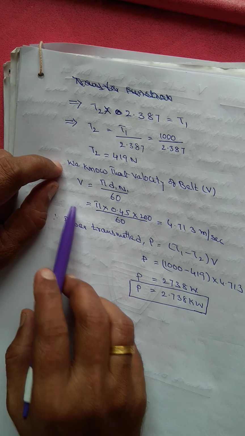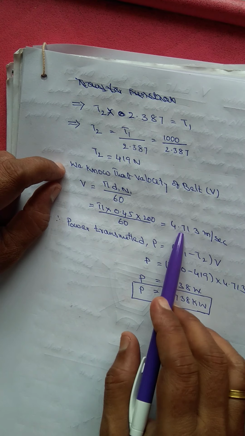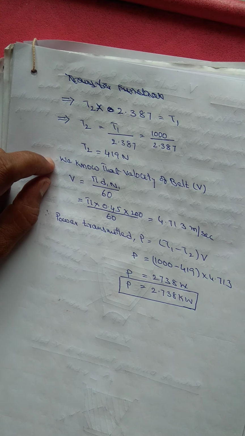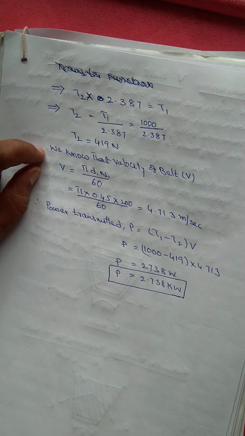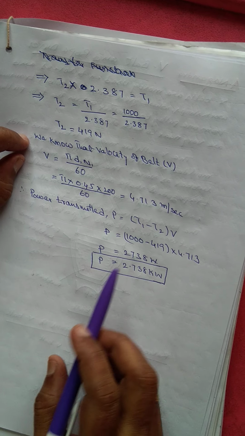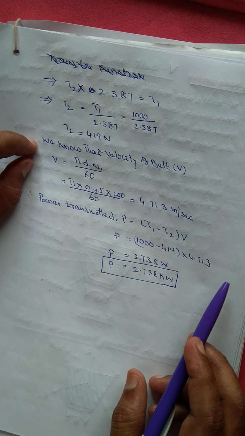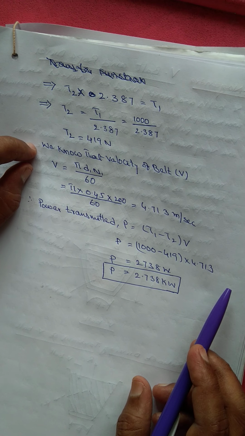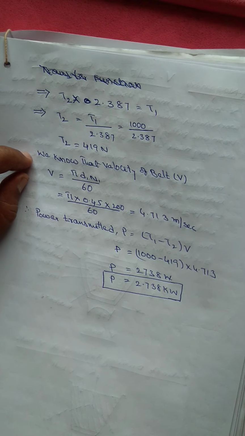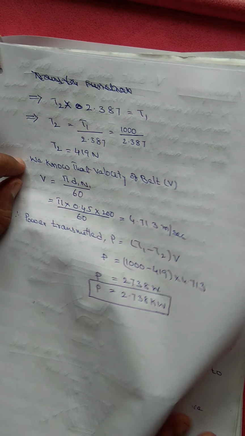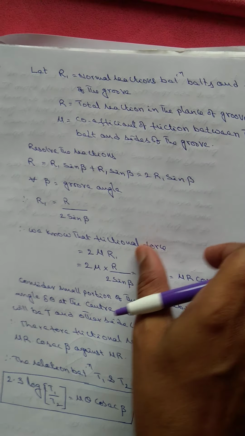So V is equal to pi into 0.45 into 200 by 60, that is 4.713 meters per second. Power transmitted P is equal to (T1 minus T2) into V, that is (1000 minus 419) into 4.713. Now I got the power, P is equal to 2.738.